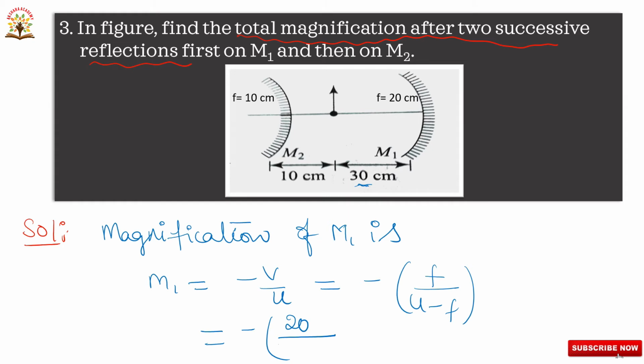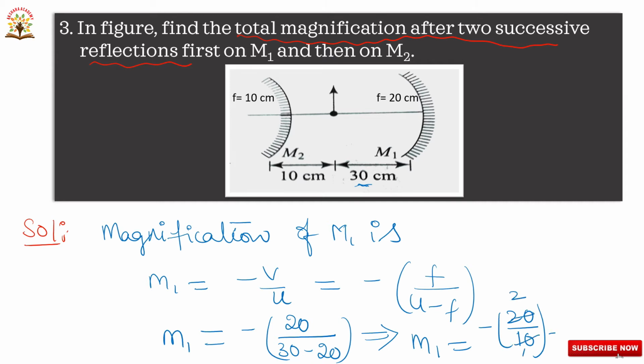Now 30 minus 20 is 10. So M1 is equal to minus 20 by 10, that implies M1 is equal to minus 2.